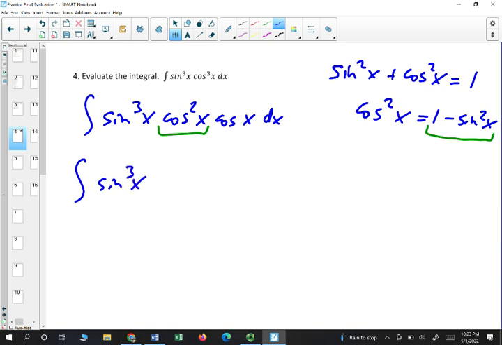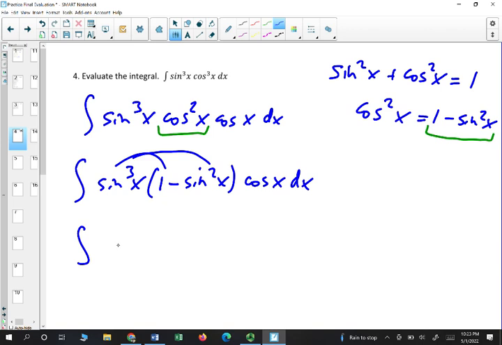So sine cubed x, 1 minus sine squared x, that would be our replacement. We can distribute the sine cubed into our 1 minus sine squared.